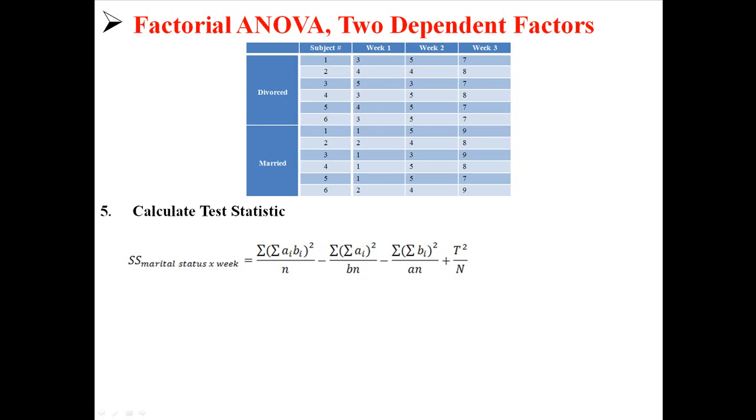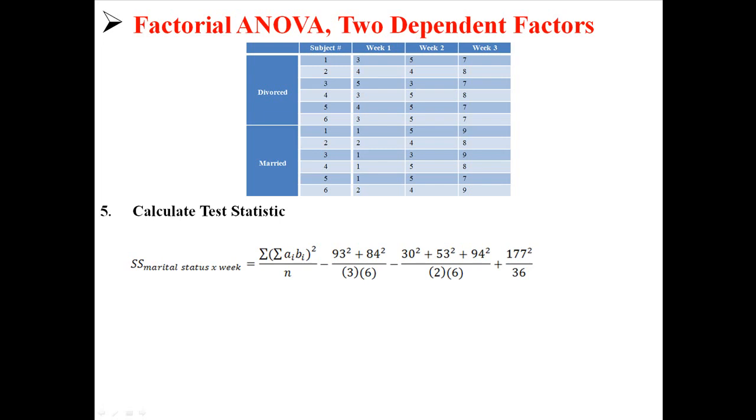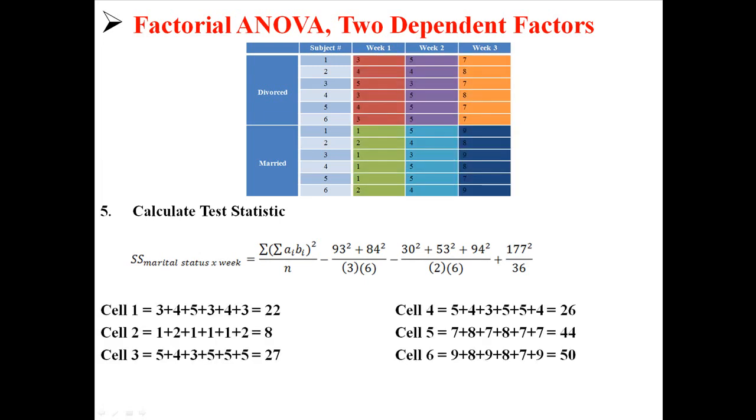Next, we have the interaction of marital status and week. Now that's pretty easy. Remember, we already have the last 3 parts of this equation. So we put that in there. We just need to find the first part. So the first part is referring to each level of A at each level of B. So we're going to look at the cells at A1B1, A1B2, A1B3, every single cell.